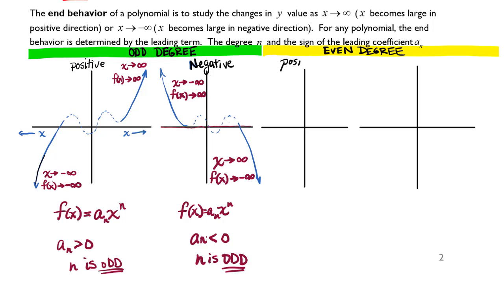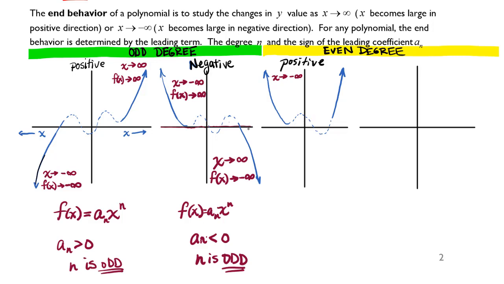With even degree polynomials, if they're positive, we have end behavior that is the same on both sides, and it will be opening upwards. And we might have some interesting curvy stuff in the middle, but our end behavior to the far right and to the far left has positive, moving upward behavior.